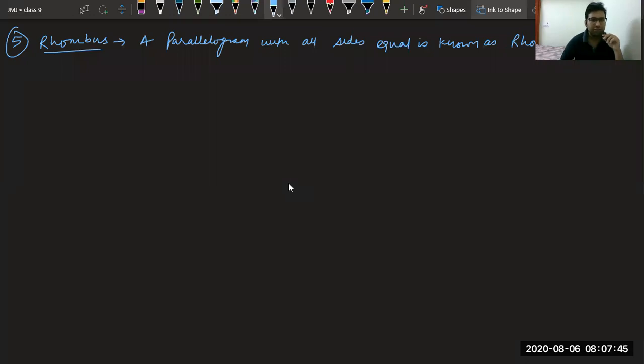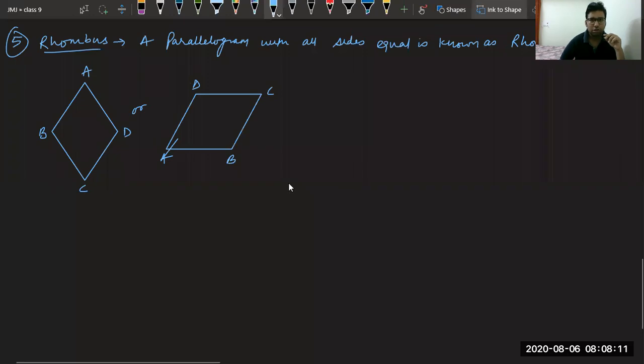You must have seen the diagram of rhombus in many books like this, kaju katli kind. But it is not important that it should be like this only. It can be like this also. Main thing is sides should be equal. So both are same thing. Whether you draw this diagram or this diagram, they are same. So these both are rhombus.